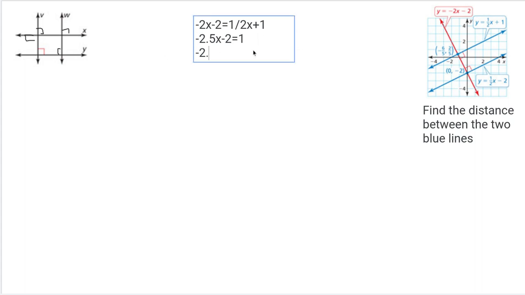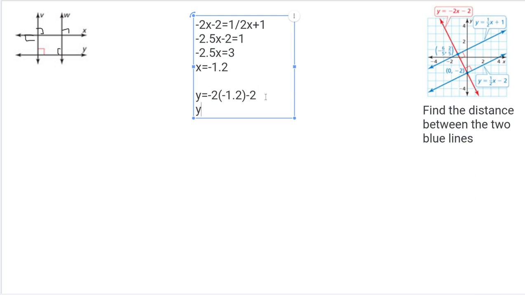Then I have negative 2.5x is equal to 3. Then I'm going to divide both sides by negative 2.5. I get x is equal to negative 1.2, so that's where they got negative 6/5. Next, I'm going to go back up to this equation and plug in the number I now have for x.